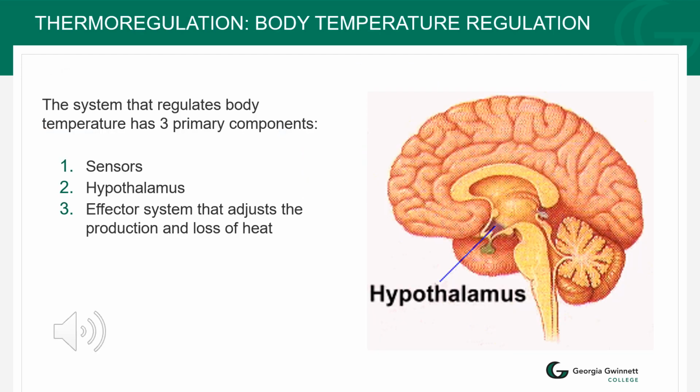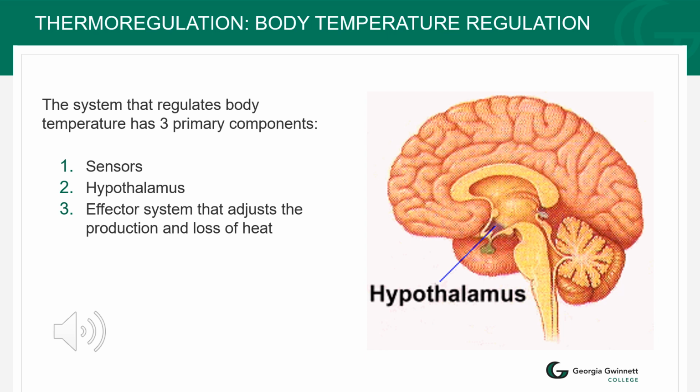So going back to that thermoregulation concept, the system that regulates the body temperature has 3 primary components. The first one being sensors, the second one being the hypothalamus in the brain, and the third one being an effector system that adjusts the production and loss of heat.